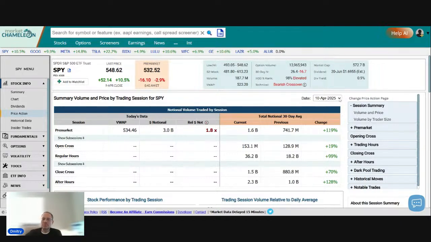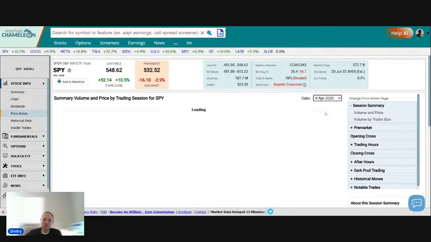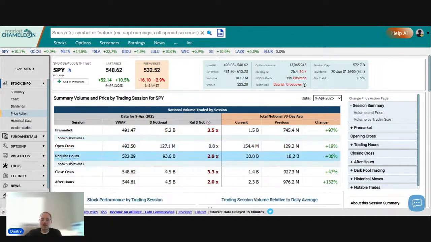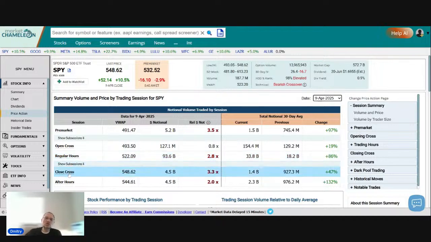And I'm going to go up here and go to April 9th. And now we have this table, and you see a breakdown: pre-market session, opening cross, regular hours. So this is after the market's open, there's continuous trading. And then at the end of the day, we have this closing cross auction.